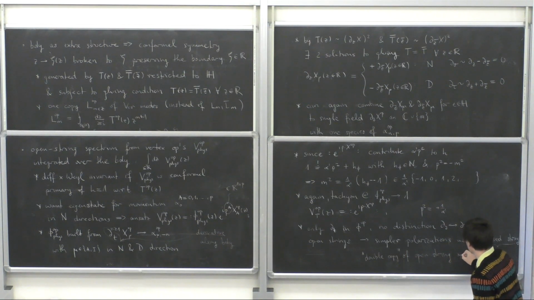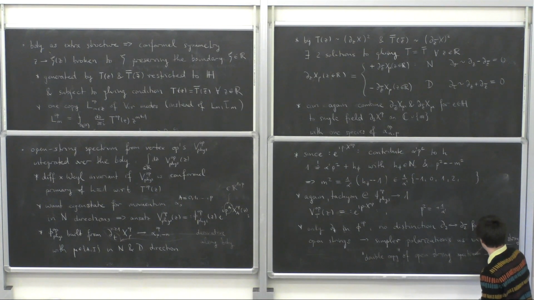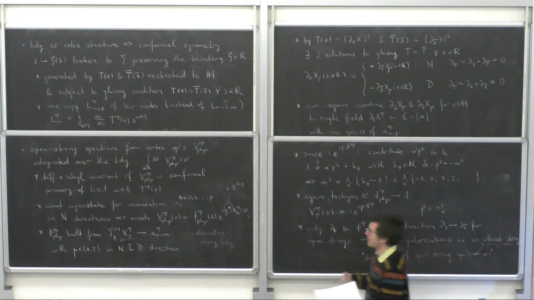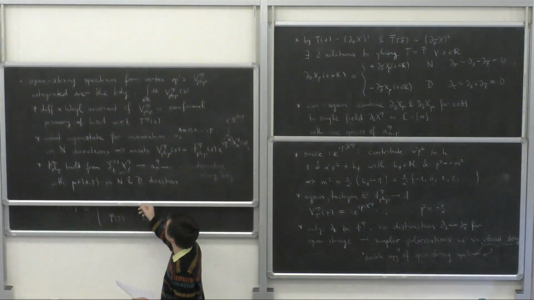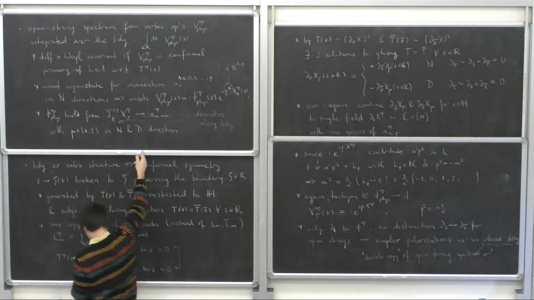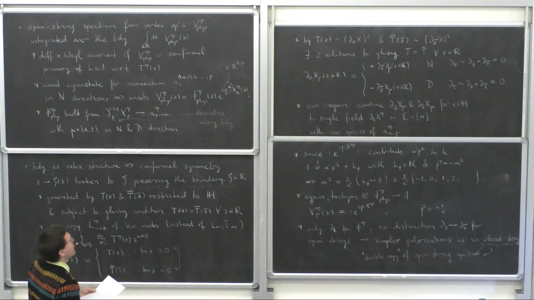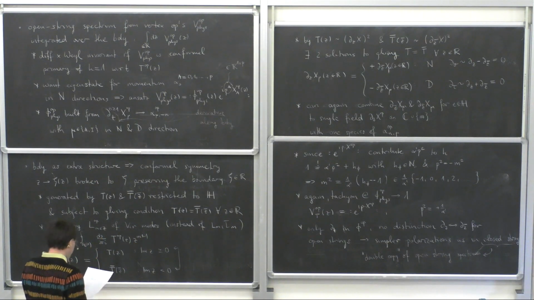Not only are the spectra related by double copy between open and closed strings, but in fact the tree-level interactions. And it's a vibrant research program to check to which extent this goes even to the loop-level interactions. But yeah, that's something for later.